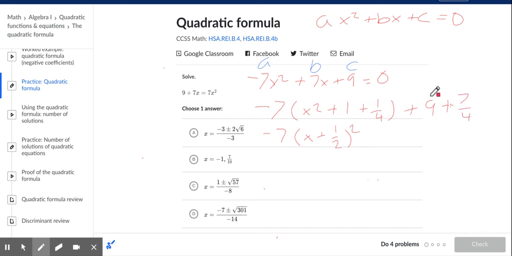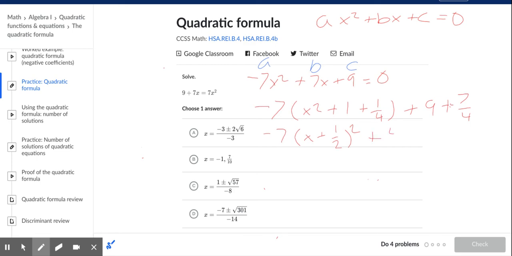So usually that means subtracting over here. In this case, since this one was negative, I have to add over here. Okay, so 9 plus 7/4. 9 times 4 is 36, so I have 36/4 plus 7/4, which is 43/4.